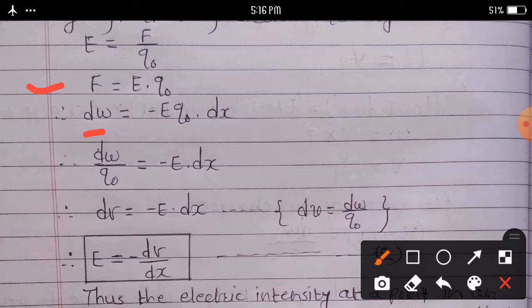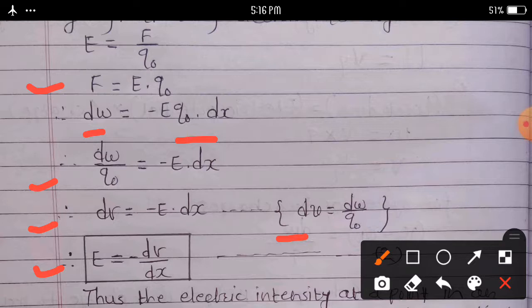We can find dW upon Q0. Rearranging this equation, dW upon Q0 is equal to minus E into dx. But dW upon Q0 is dV. Then dV is equal to minus E into dx. Here dV is equal to dW upon Q0. Therefore, we can calculate E, the electric intensity: E is equal to minus dV upon dx.